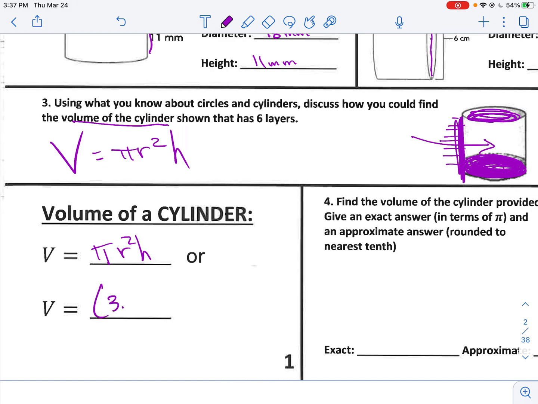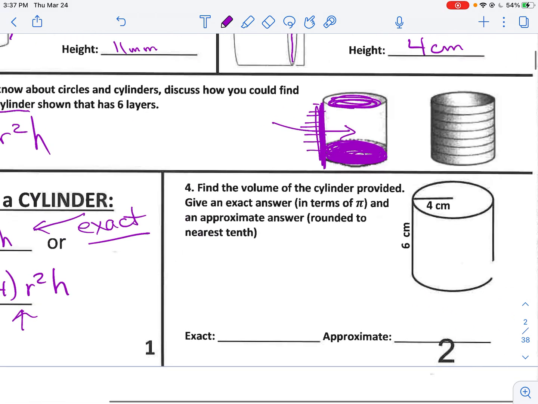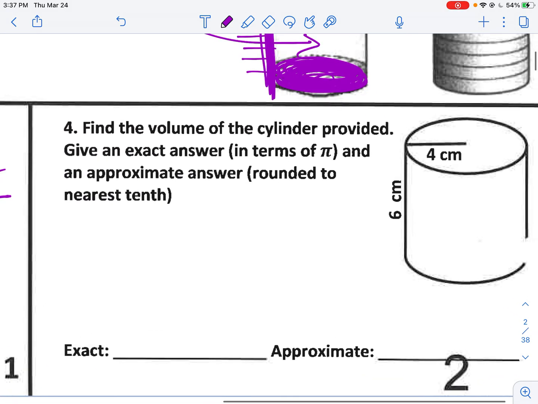Now, could I write 3.14 r squared h? Yes. This one right here is going to get what is called the exact answer because we're not rounding, where this right here is rounding. So we're going to find the volume. So we have pi, my r is equal to 4 centimeters, my h is equal to 6 centimeters.